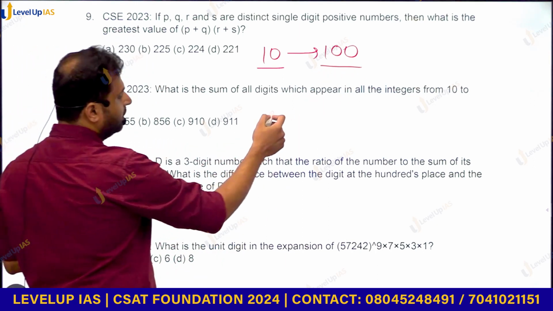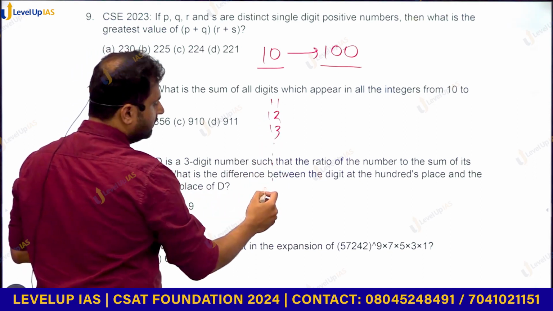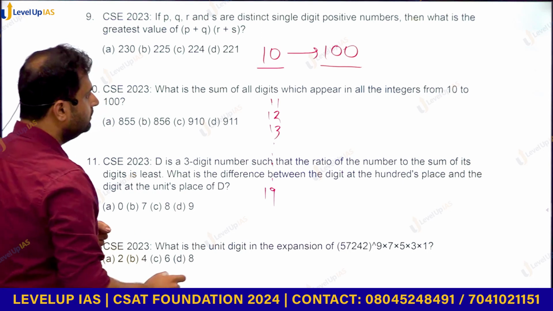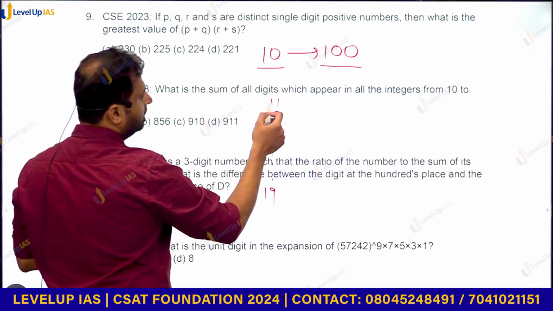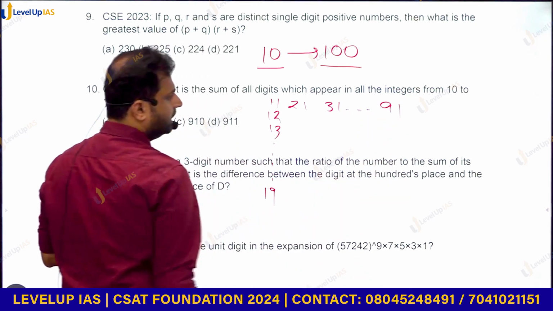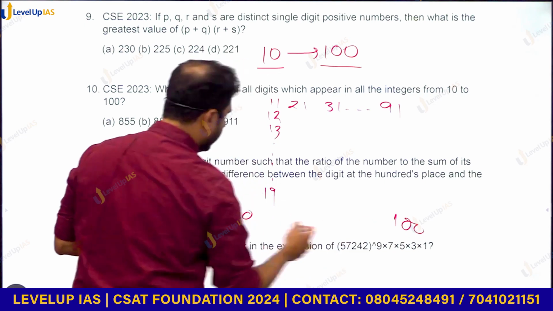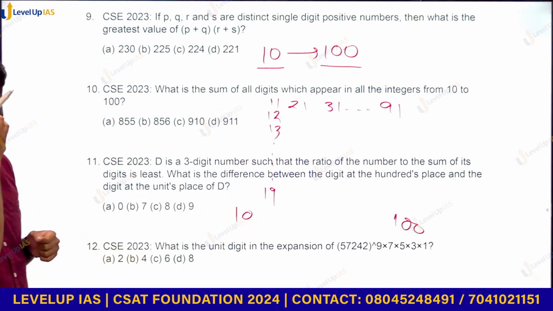And where else? It will appear in 11, 12, 13 until 19. Where else will it appear? It will appear in 21, 31 till 91. This is where 1 will appear.